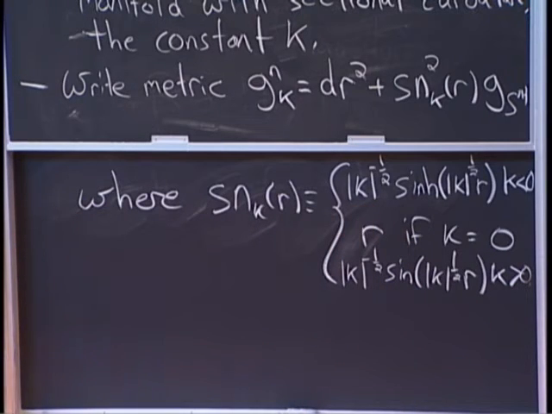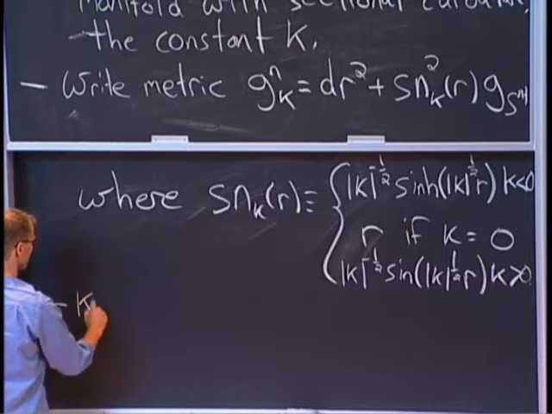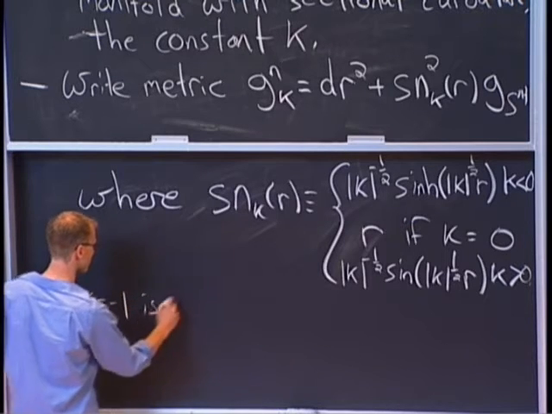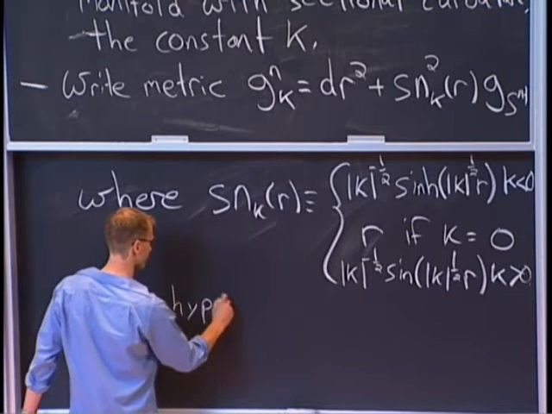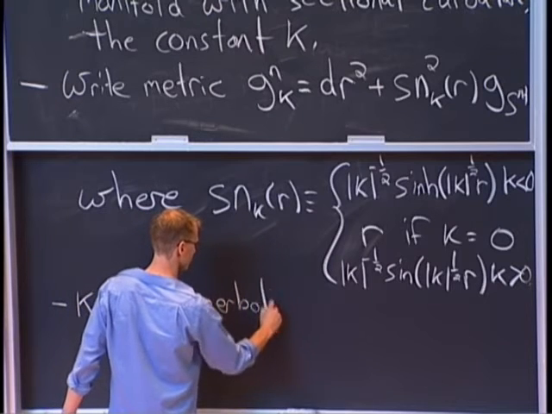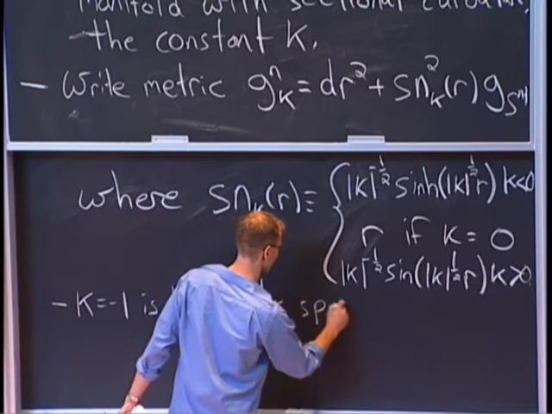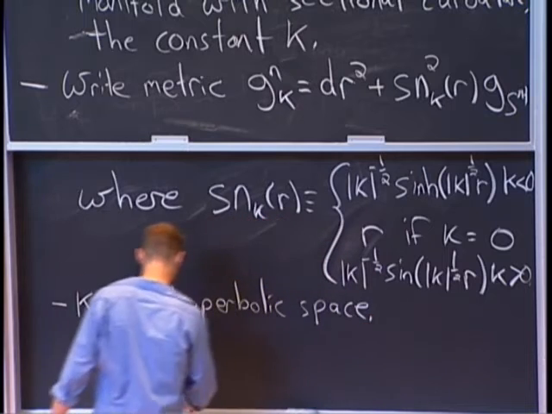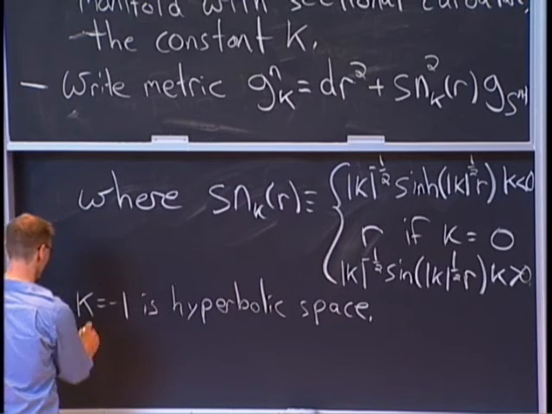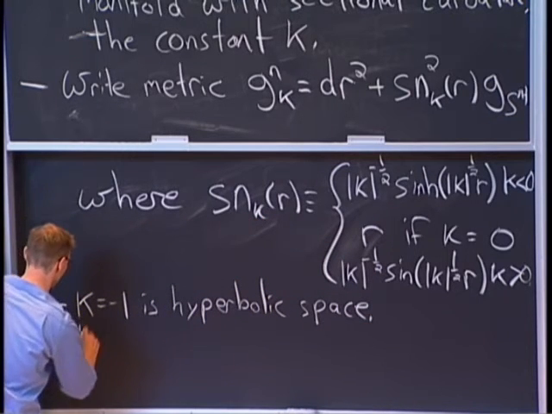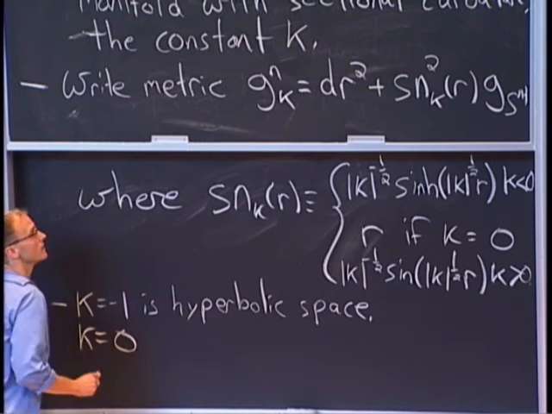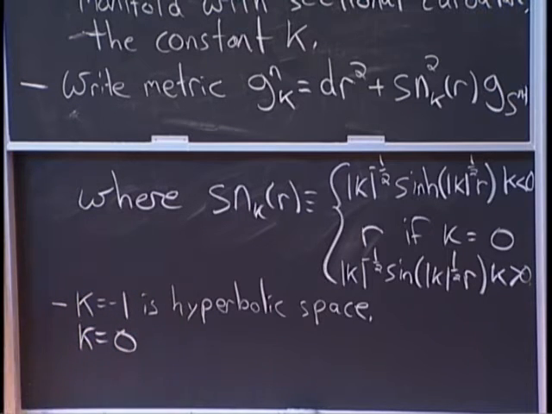So what does this mean? k equals -1 is hyperbolic space. K equals 0. This should be a really good exercise to see how much I've lost you.